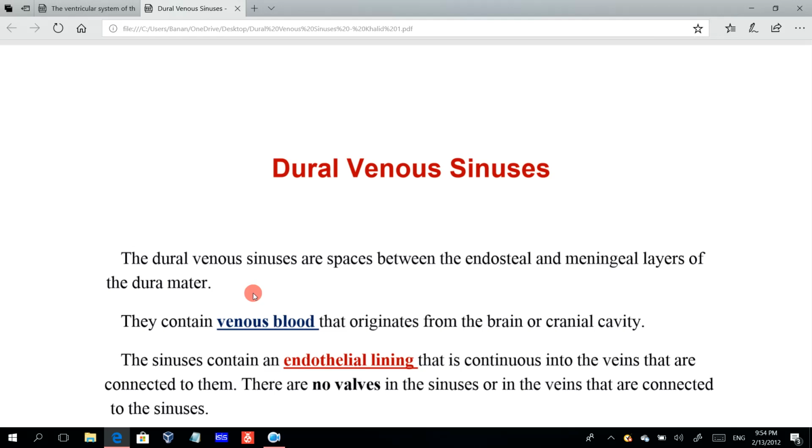And because they contain venous blood, they are called dural venous sinuses. So they contain venous blood that originates from the brain or cranial cavity.